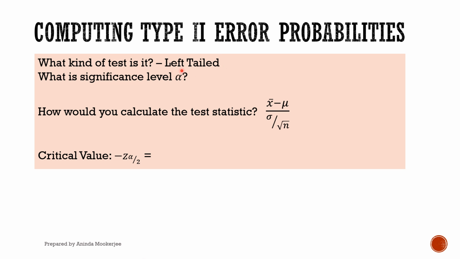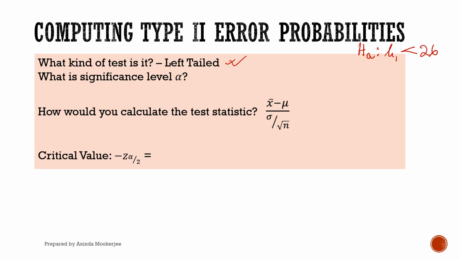The consumer group was claiming that the mileage is less than 26 mpg. So that makes it an alternate hypothesis. If you remember, you can go back and check. The alternate hypothesis said mu sub 1 is less than 26 mpg, right? So that makes it a left tail test. So the original hypothesis test is a left tail test.